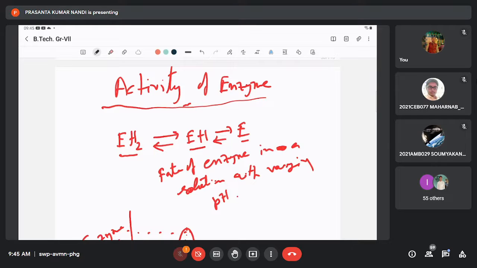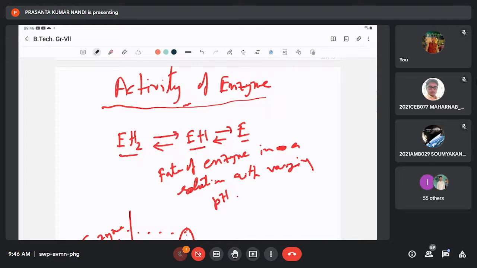So a particular enzyme may exist in an aqueous phase in three different forms: E, EH, or EH2. These are the possible variants of a particular enzyme in aqueous medium, right?